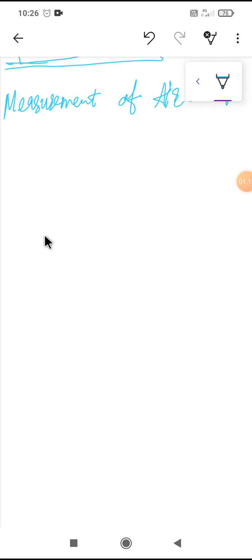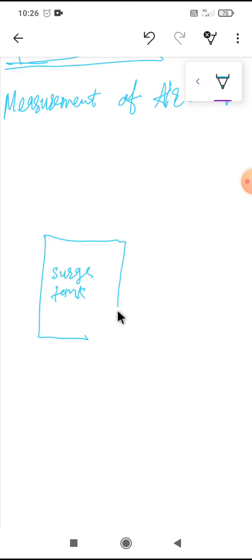So let me draw. So this is a surge tank. In this surge tank, the temperature of the surge tank is measured with the help of a thermometer. So suppose this is the thermometer, and here an orifice plate is kept.